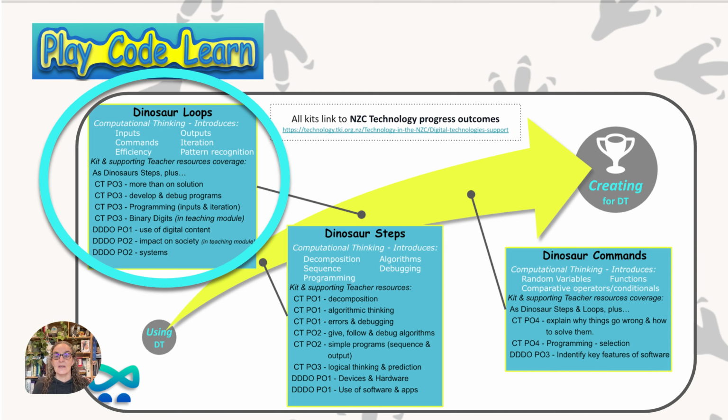And you can see that obviously we have that progressive learning content as the series progresses. The things that you can see in white there at the top of the Dinosaur Loops, so inputs, outputs, commands, iteration, efficiency, and pattern recognition, are going to be the main areas or concepts that we're going to explore today using the Dinosaur Loops kits.